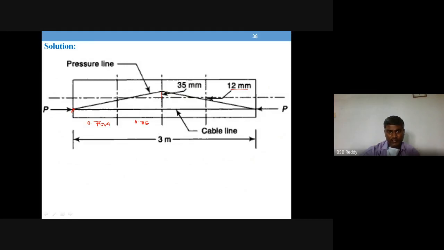Locate this point at 0.75 meters, 12 mm below this line. Then locate 35 mm above this CG line. Likewise, by symmetry, just join all those points and you get the pressure line. So this is how we complete the solution.